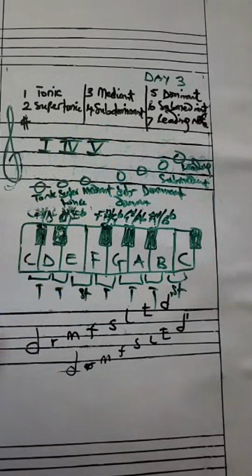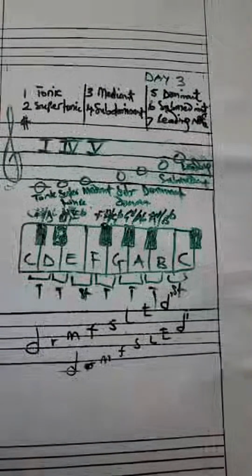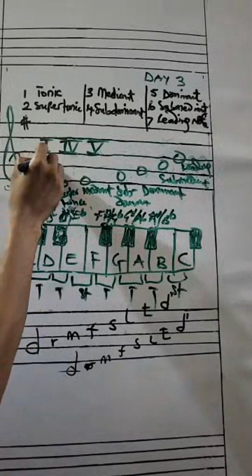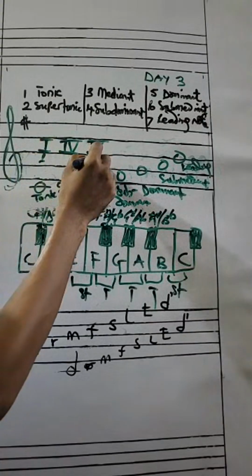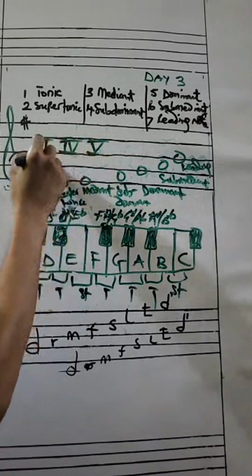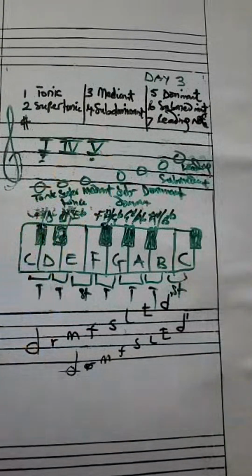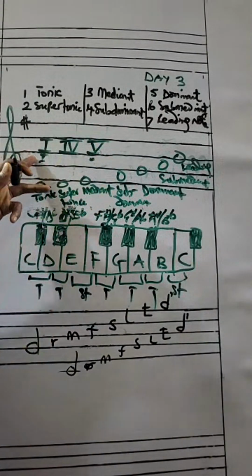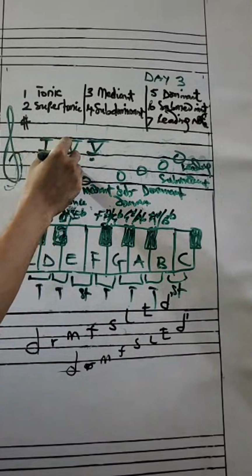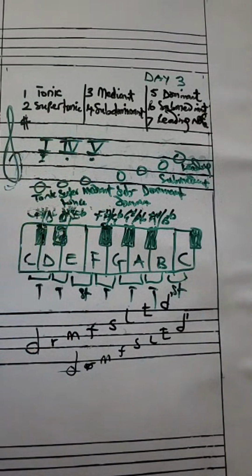In order for you to get your sharp keys, you need your tonic, which is your 1, and your dominant. For flat keys, you need your tonic and your subdominant.